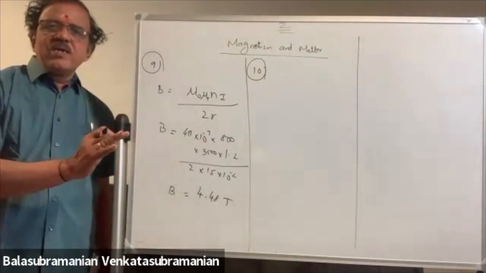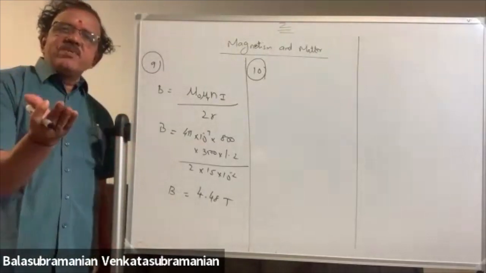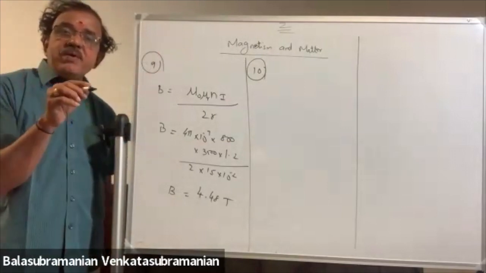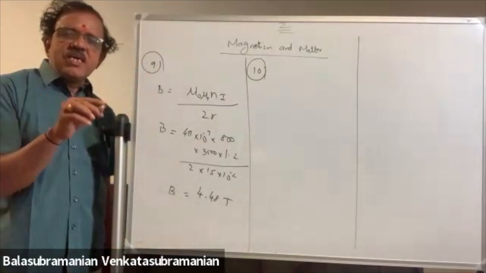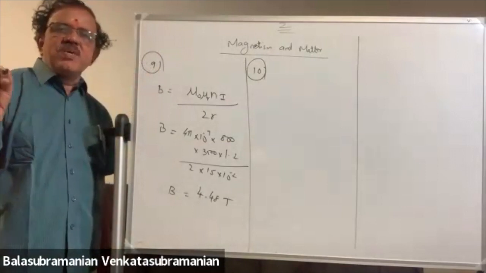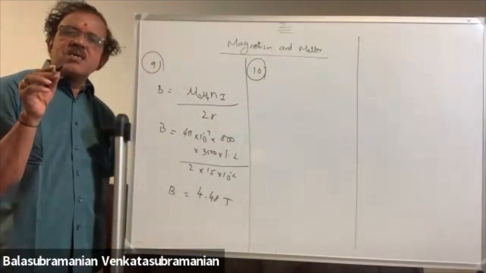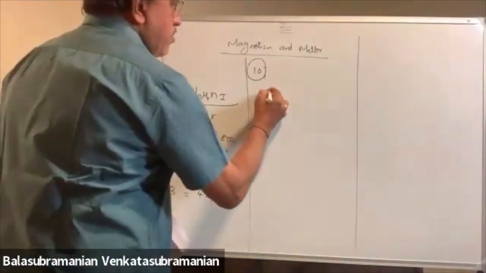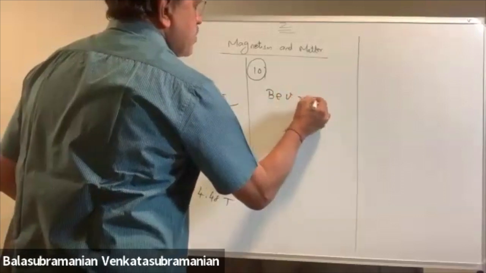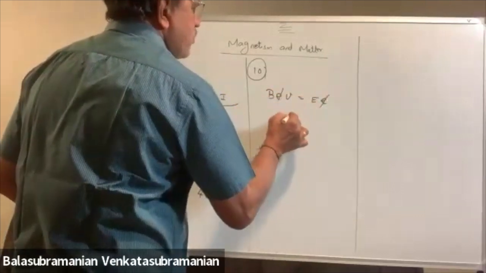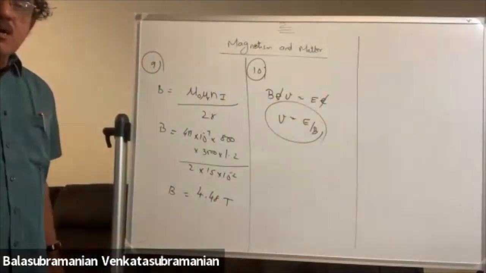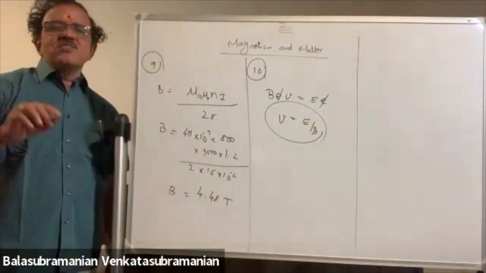That is the first part. Another part we have to equate with the electric field also. Electric force BeV is equal to eE, e cancels, so the velocity is E by B. This is the velocity. But the potential difference is given here.